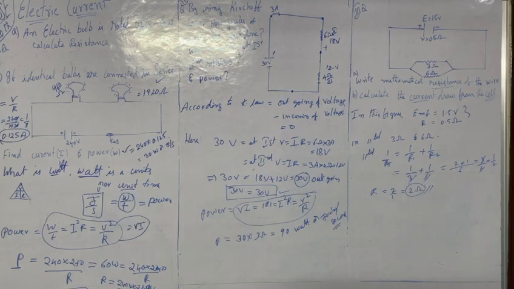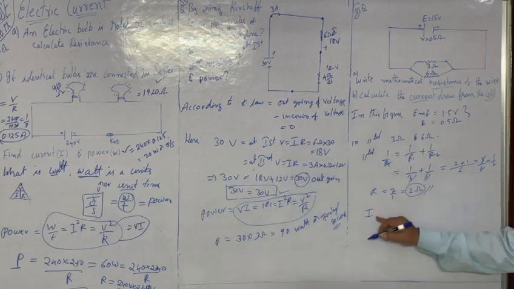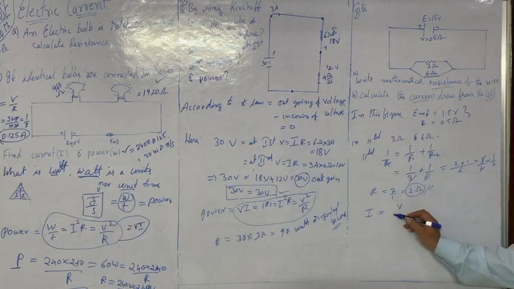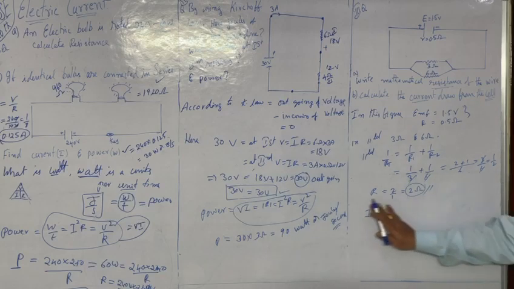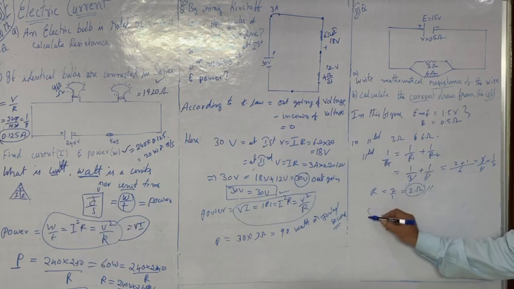Next, current is asked. I is equal to V by R. For finding V by R, you will have to merge series and parallel.